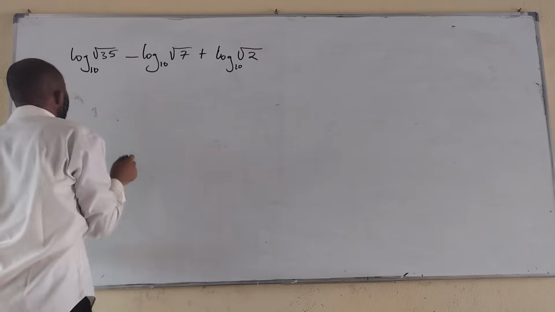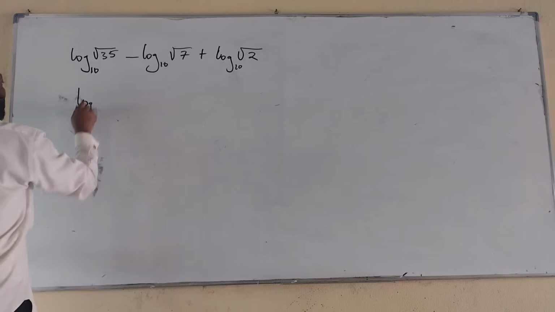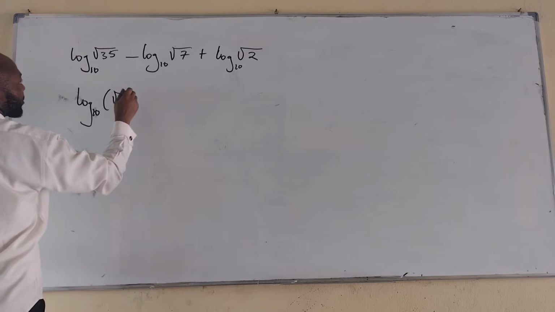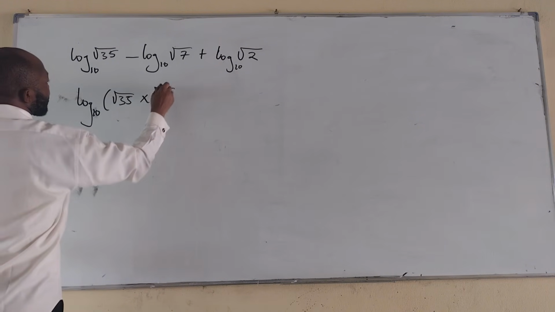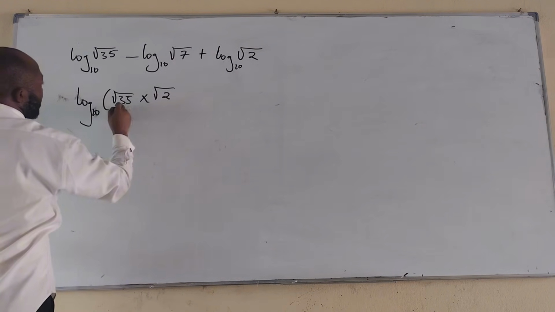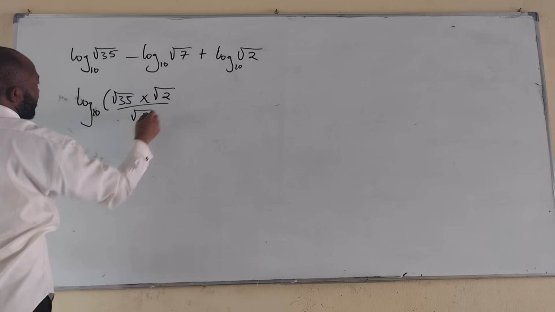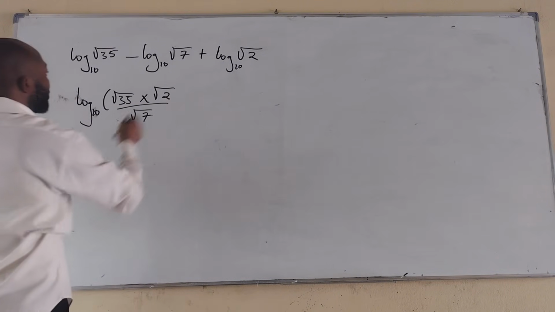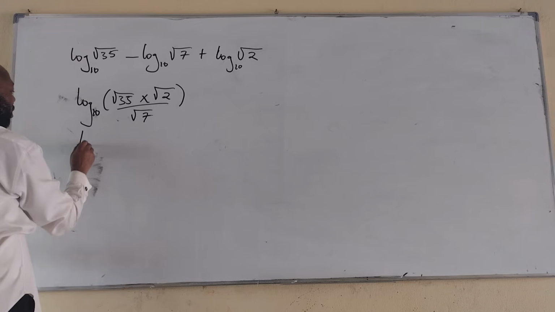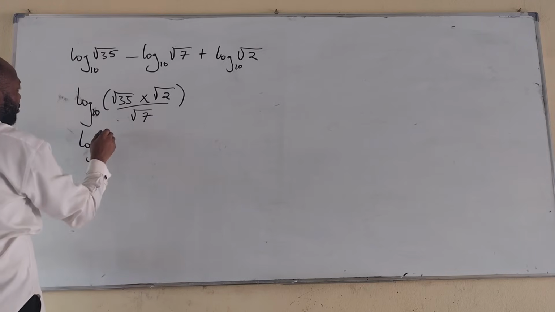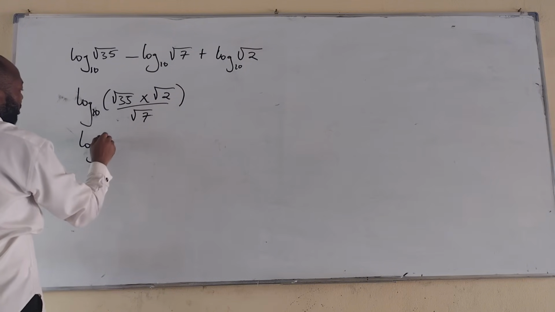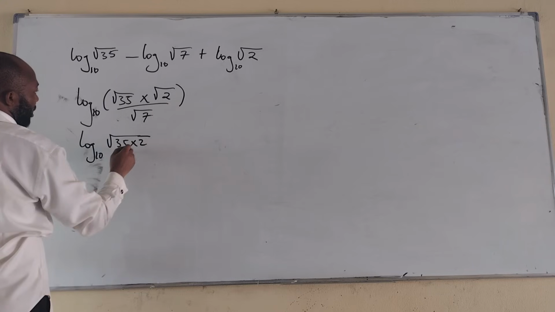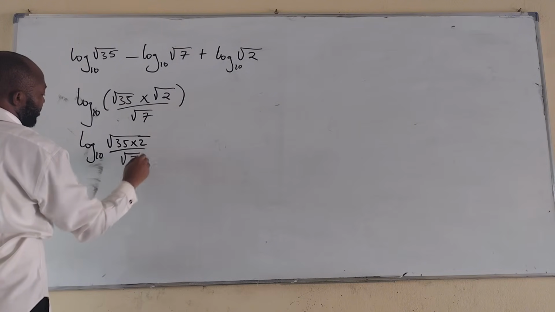So we still do the same thing. We have our common log in base 10, open bracket, the root of 35 times the root of 2 divided by the root of 7. So we close our bracket. So log in base 10, open bracket, root of 35 times 2 all over the root of 7.